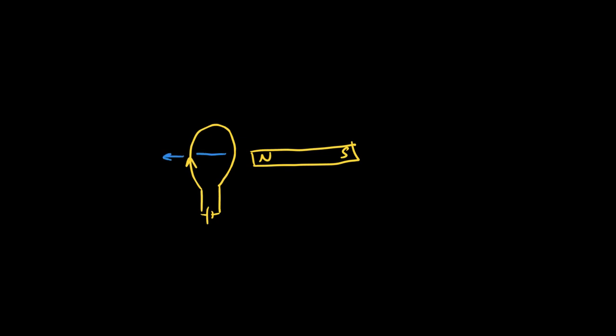So we've got something that looks like this, and we're told the current's going in that direction through the loop, and we have a bar magnet, north-south. So the magnetic field created by the loop, using my right-hand rule, is this way.